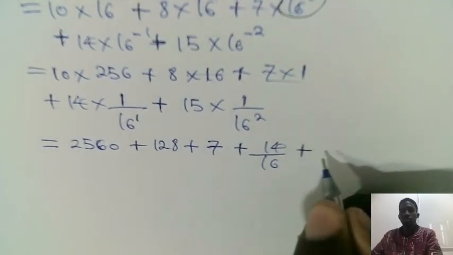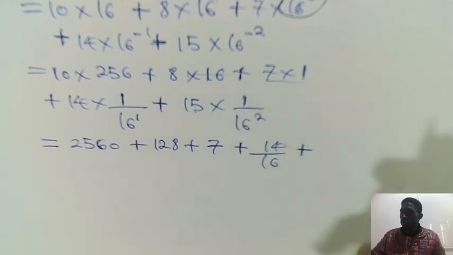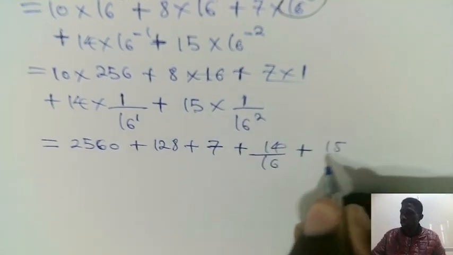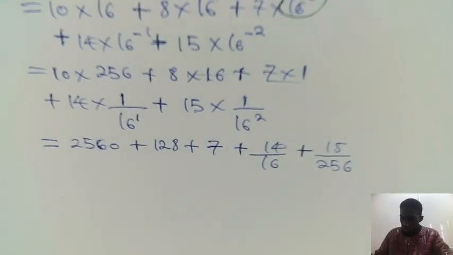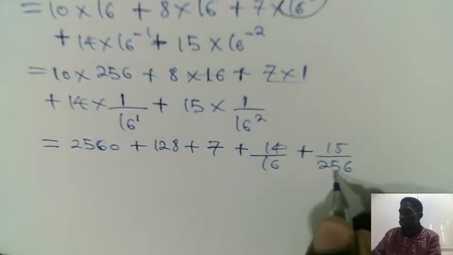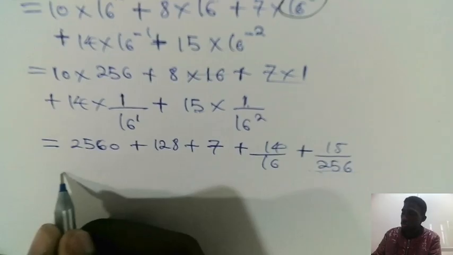And finally, 15 times 1/16 to power 2, that's 15 divided by 256. The 15 just comes on top and then 16 to power 2 below.